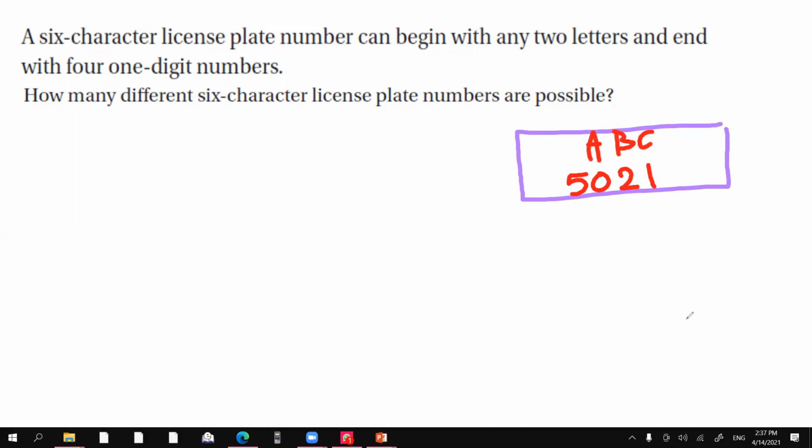So in order to put this, we have many choices of numbers and letters.